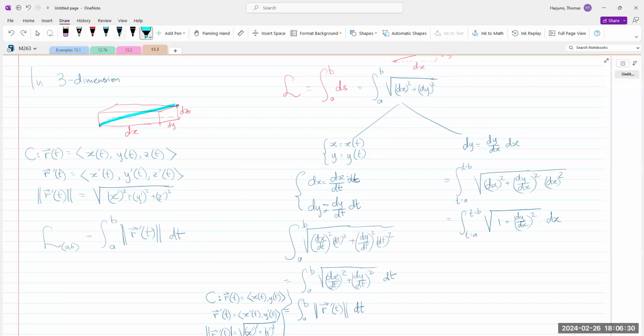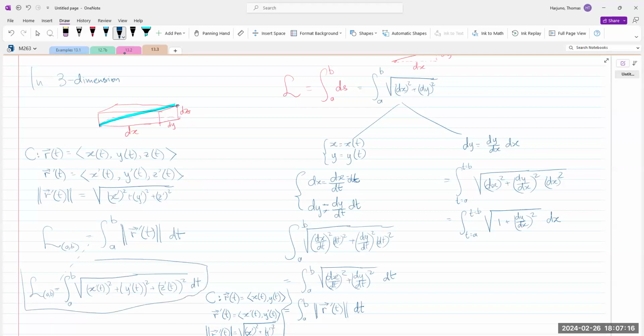In other words, maybe let me write it here. The arc length from A to B of curve C is the integral from A to B of the square root of x prime t squared plus y prime t squared plus z prime t squared, dt, in 3 dimensions.